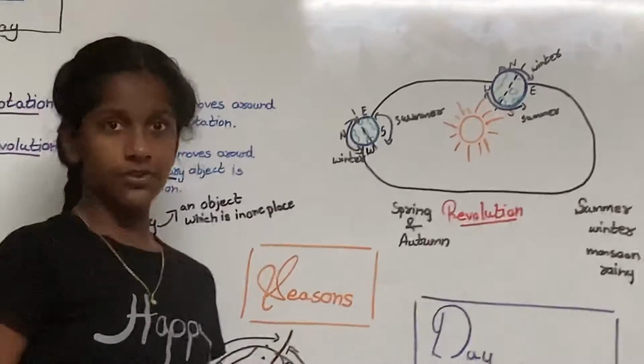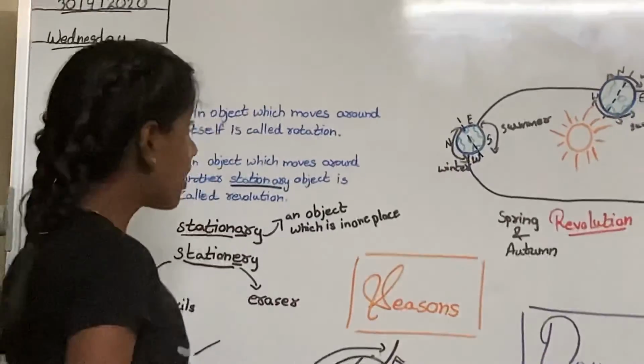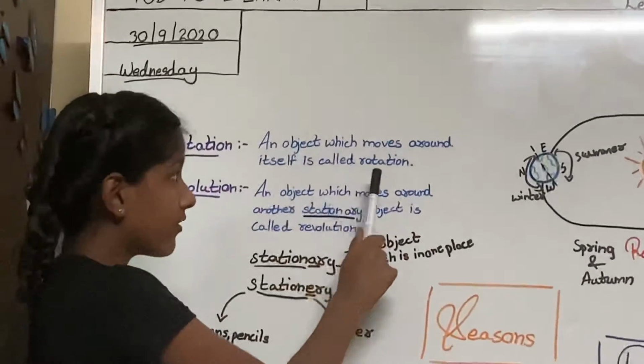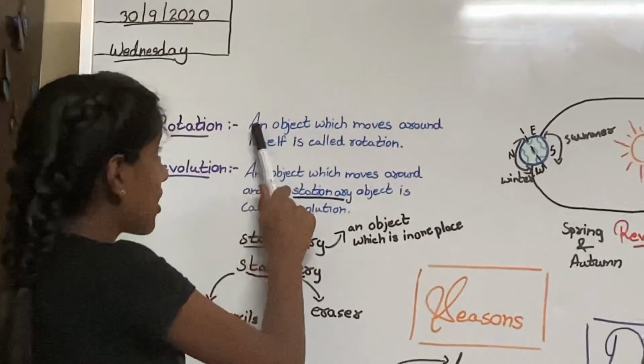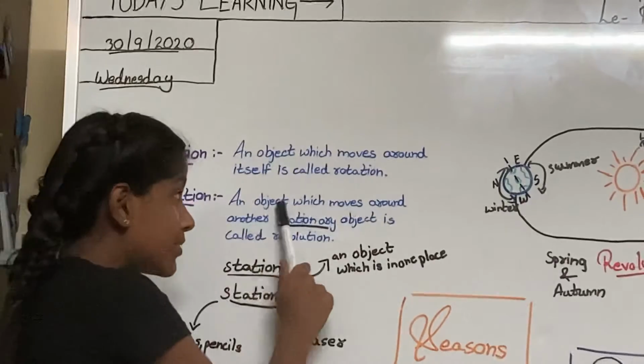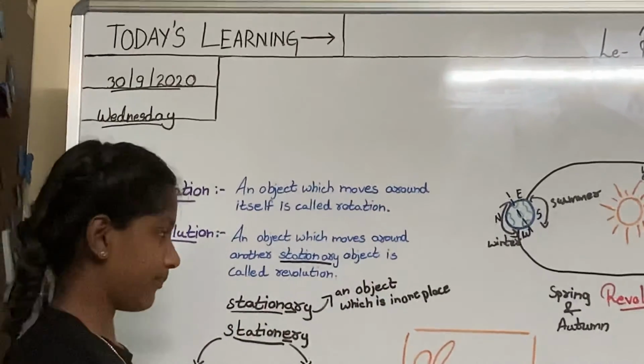So we have understood everything. Let's do a quick revision. Rotation is an object which moves around itself. An object which moves around another stationary object is called revolution.